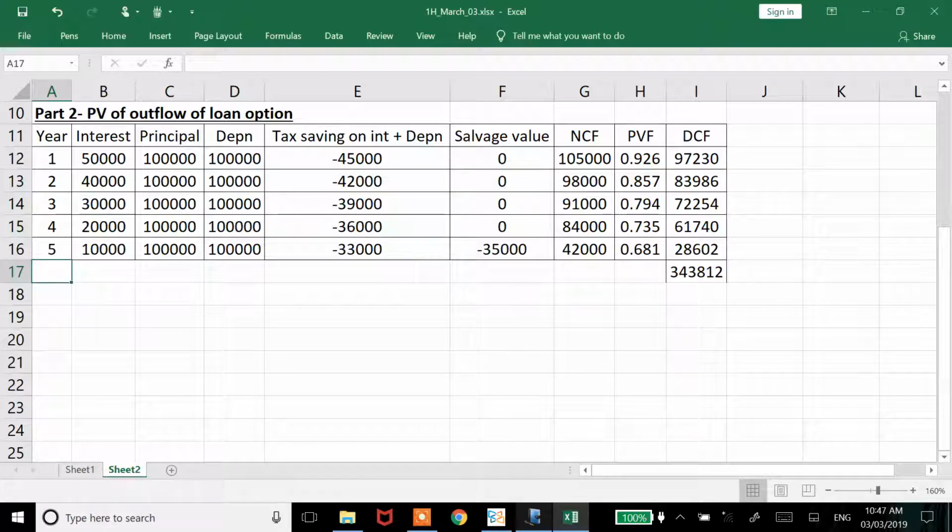It's more from a lessee point of view rather than lessor point of view, this problem. I will have to spend 3,43,812. 343,812 is the amount to be spent on the loan option. Any doubts in this?